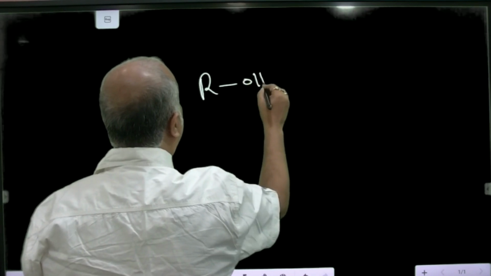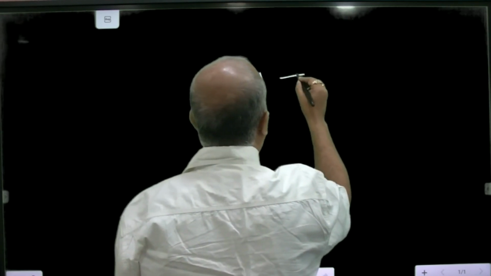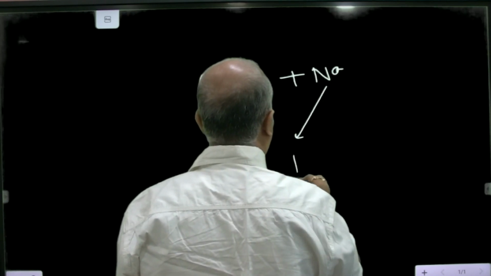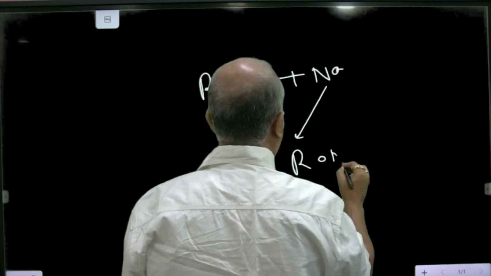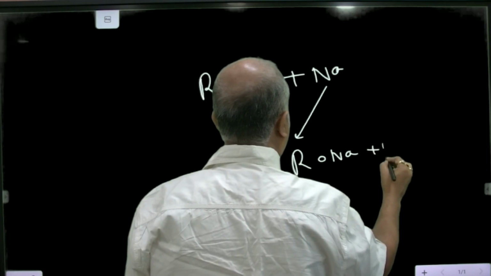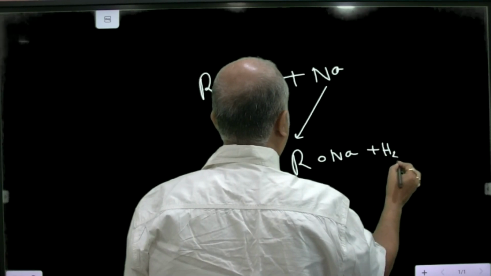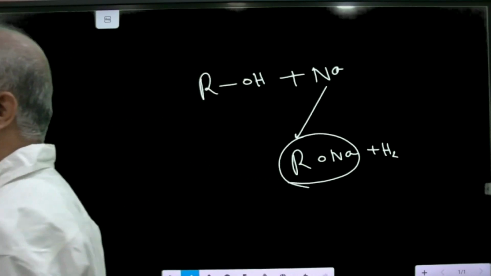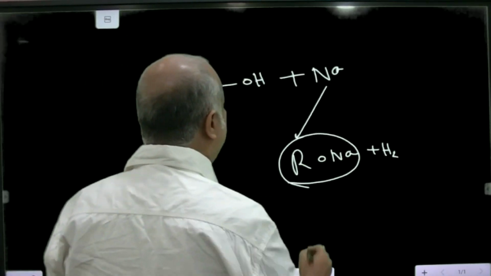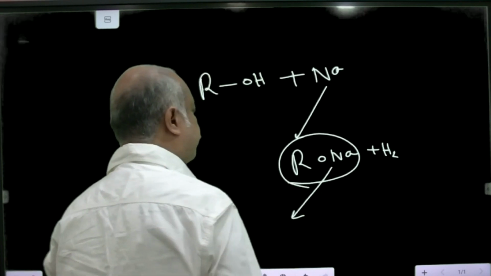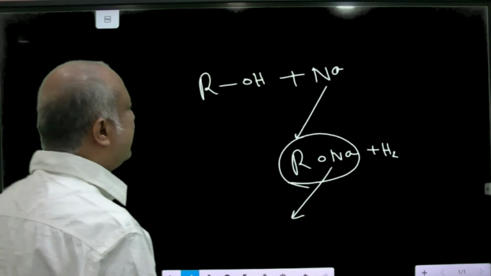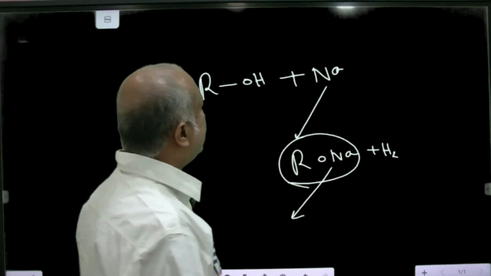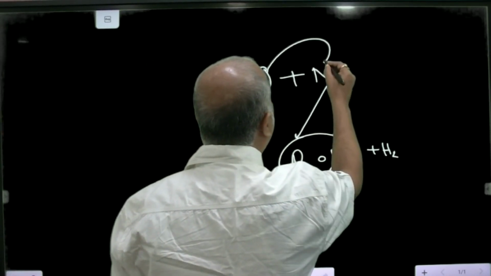Alcohol reacts with metallic sodium to form RONa. That is sodium alkoxide. These properties show acidic nature of alcohol because hydrogen is replaced by strong electropositive metal.